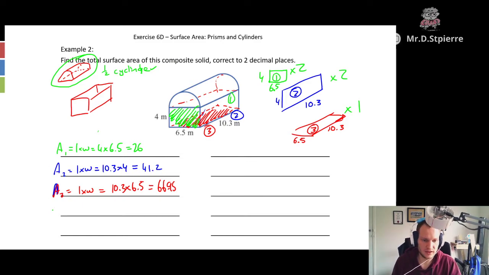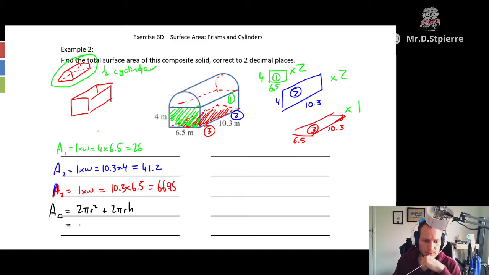So we could say the area of, and I'm just going to use C for cylinder even though it's half, but we know according to the formula that is equal to 2 pi r squared plus 2 pi RH. So we can substitute into that.